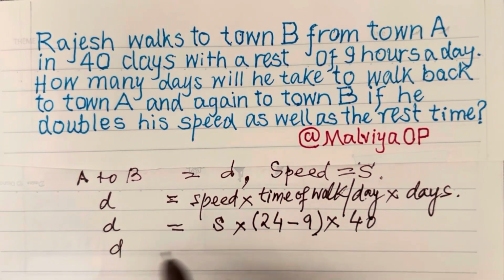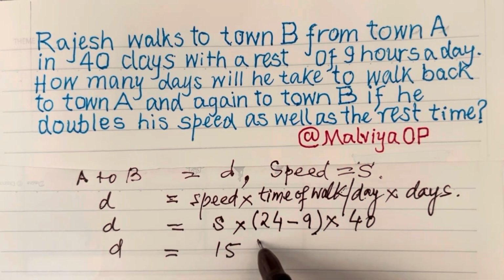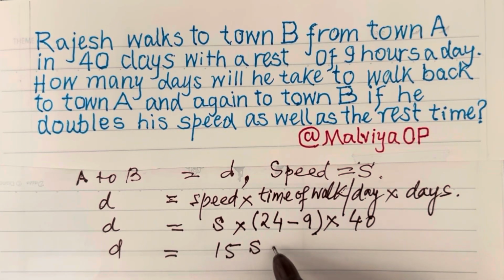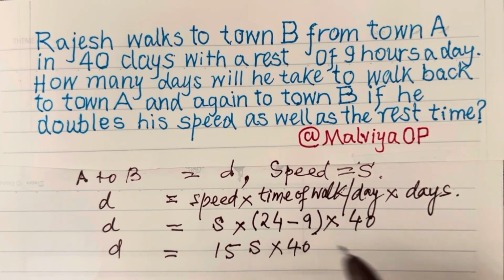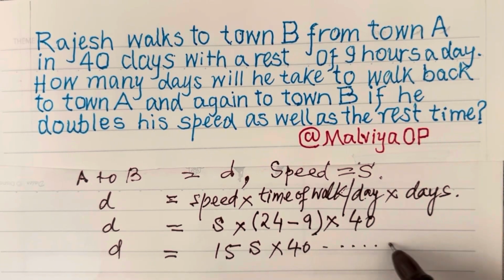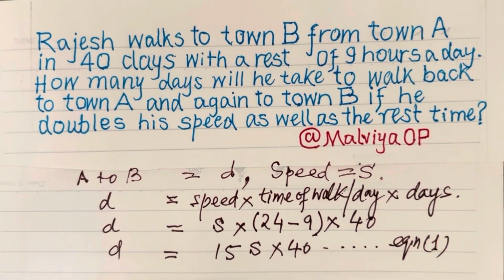So this becomes D equals 15 S multiplied by 40, and let us take this as our equation number 1.